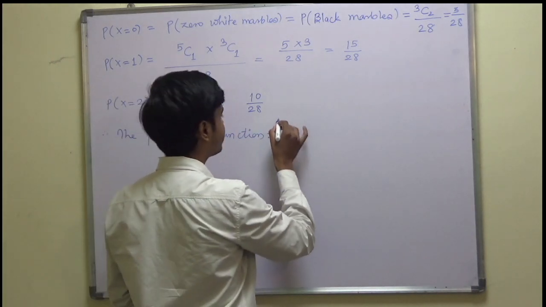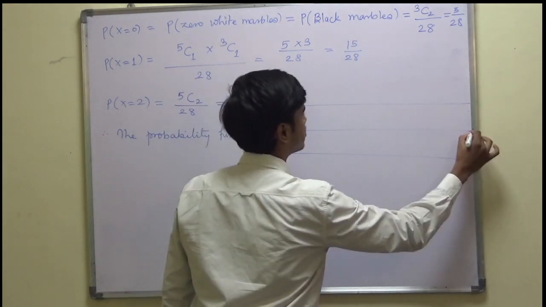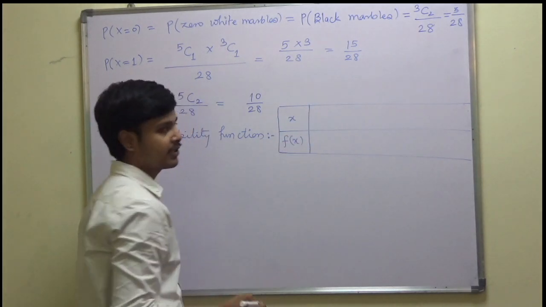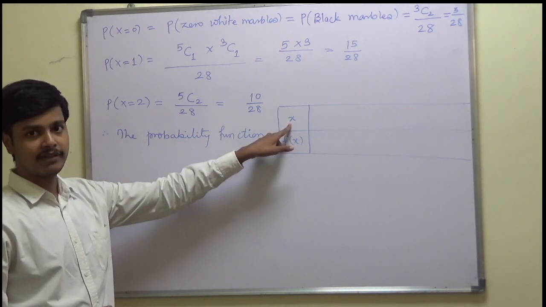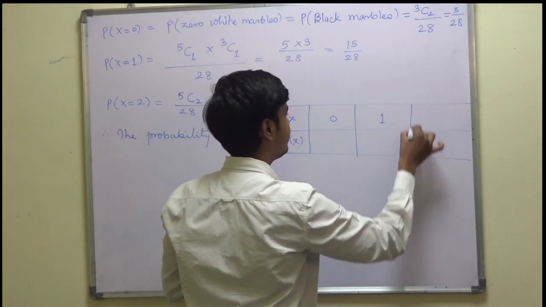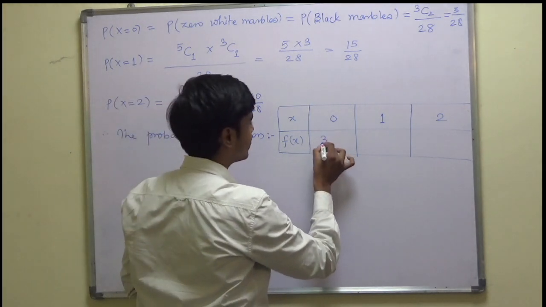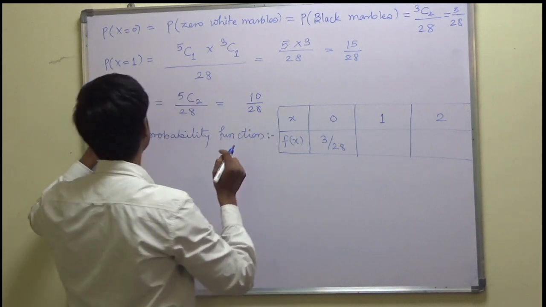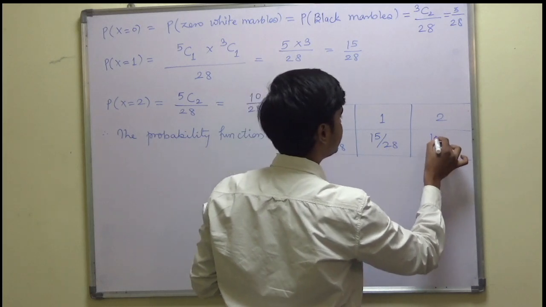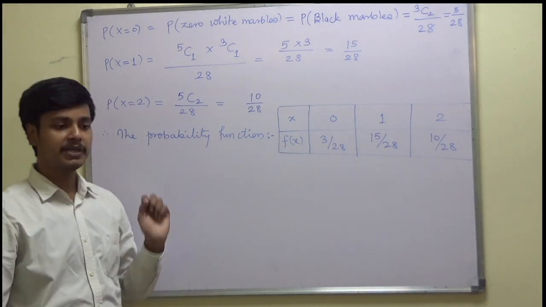We write the random variable and the probability for the corresponding values of the random variable. The values of x were 0, 1, 2. For 0, the probability is 3 by 28, for x equal to 1 it is 15 by 28, and for 2 it is 10 by 28. You can write 5 by 14 also. Okay, so this completes the first thing.